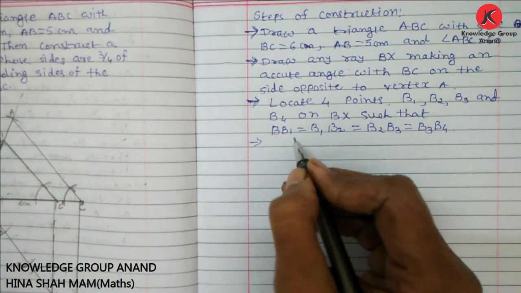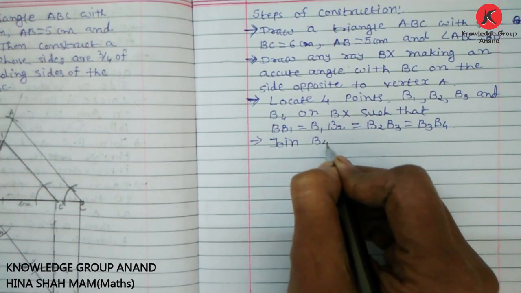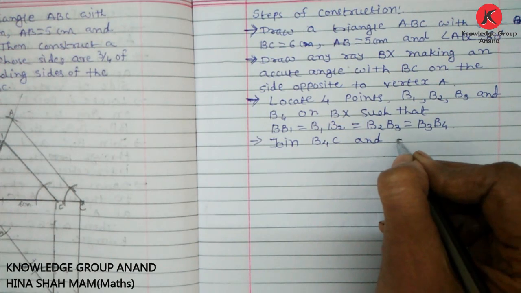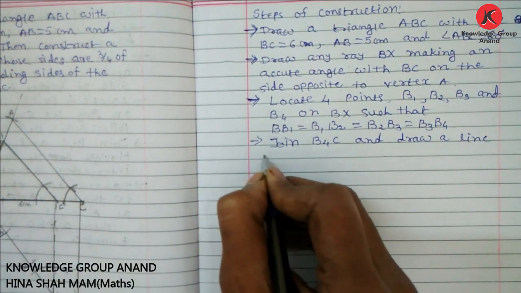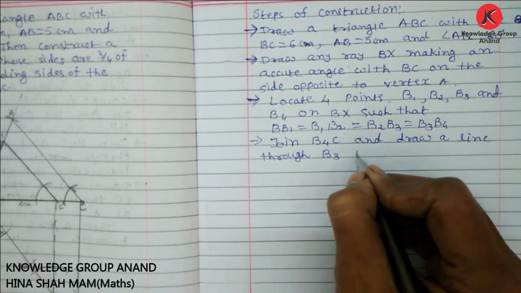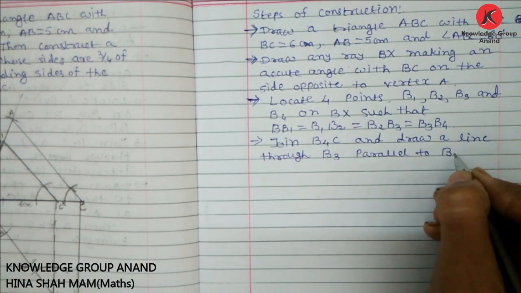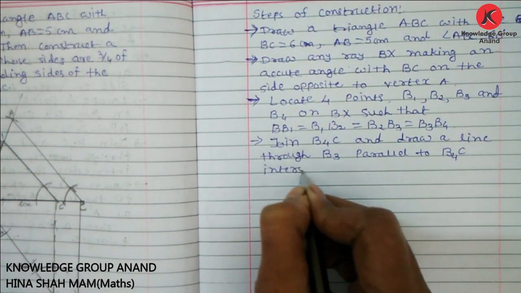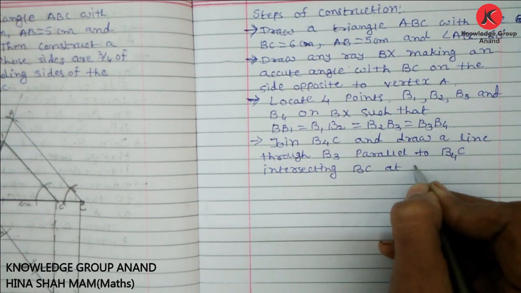Then join B4 to C and draw a line through B3 parallel to B4C, intersecting BC at C dash.